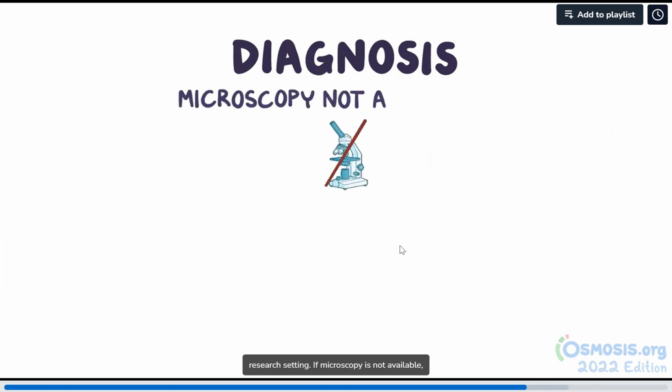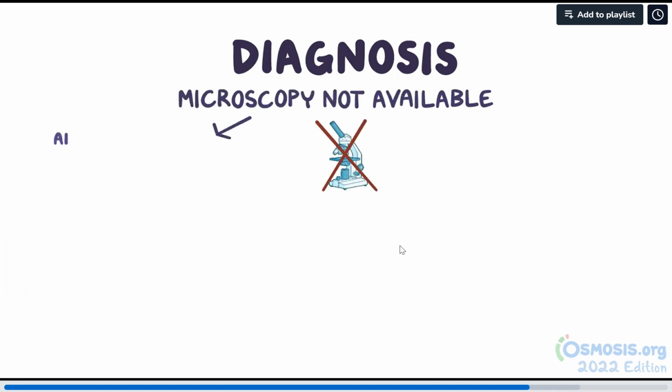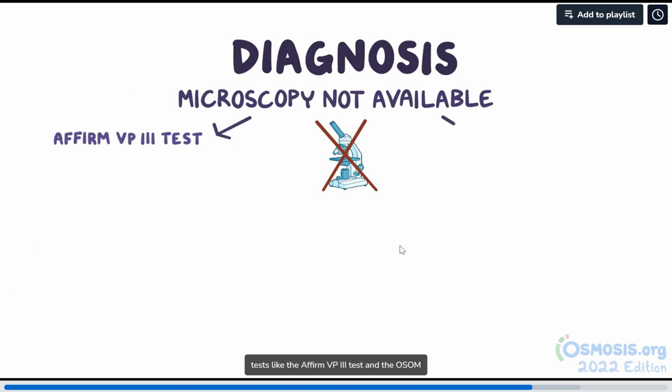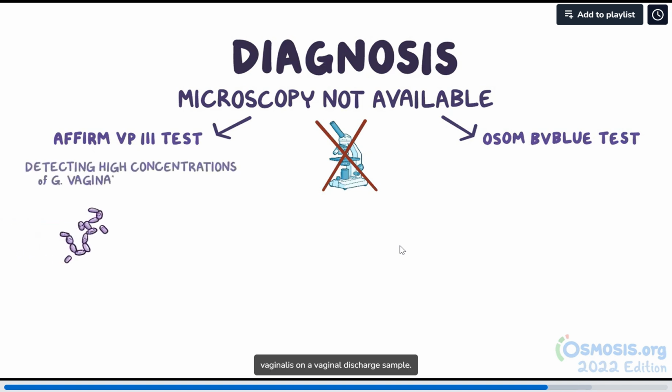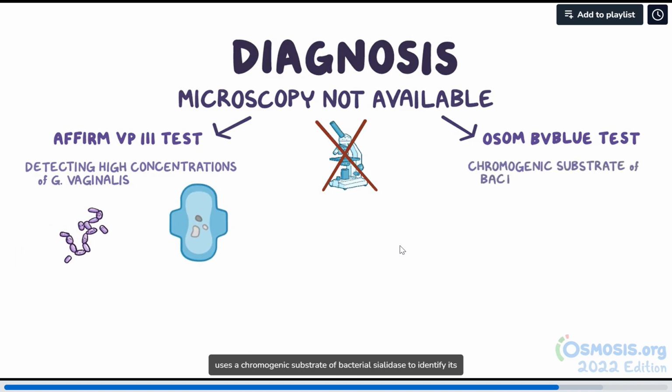If microscopy is not available, tests like the Affirm VP3 test and the OSOM-BV Blue test can be done. The Affirm VP3 test is an automated test for detecting high concentrations of G. vaginalis on a vaginal discharge sample. The OSOM-BV Blue test, on the other hand, uses a chromogenic substrate of bacterial sialidase to identify its activity in a vaginal sample.